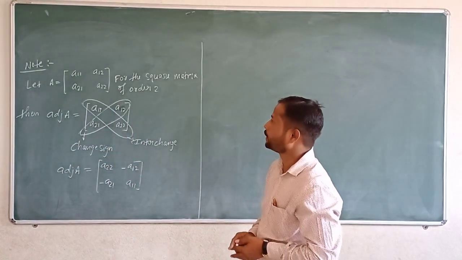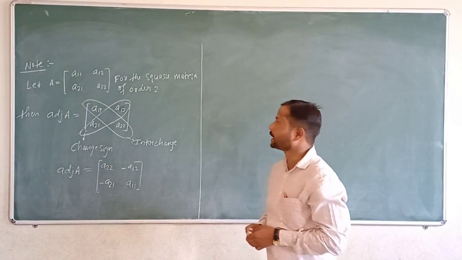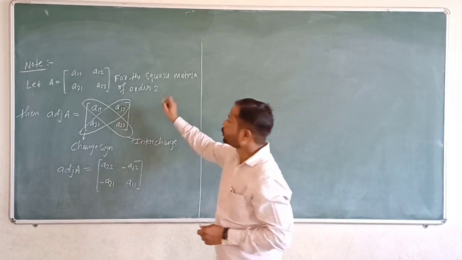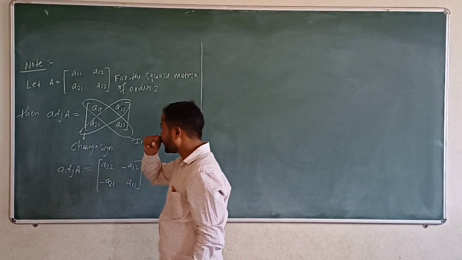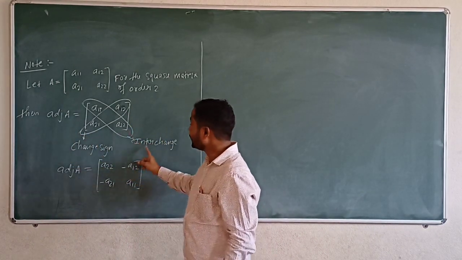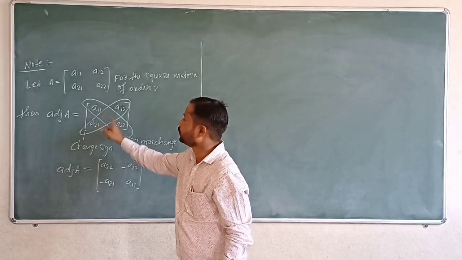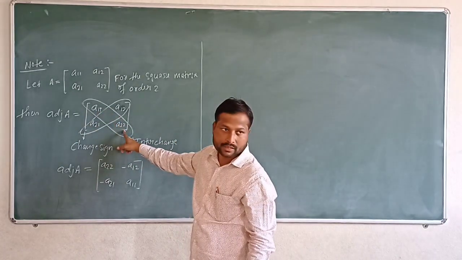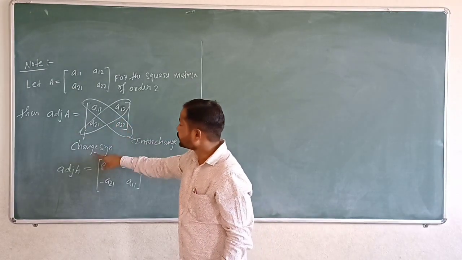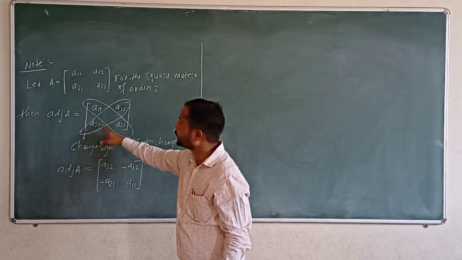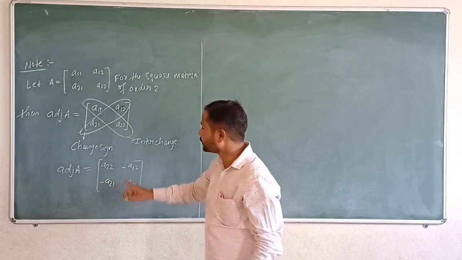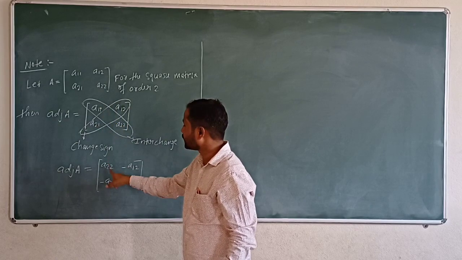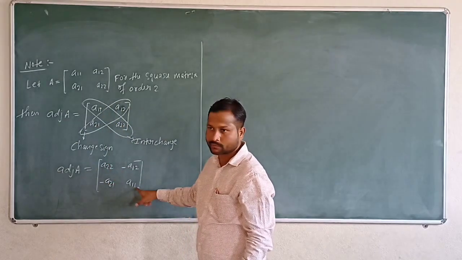Let A be equal to 11, 12, 21 and 22, the given order 2 matrix. For a square matrix of order 2, what is the adjoint? Interchange the two diagonal elements, 11 and 22, and change the sign of the elements 12 and 21. So the adjoint becomes A22 and A11 interchanged.